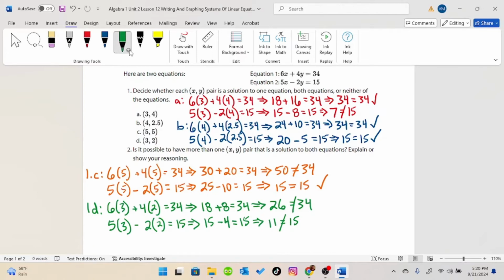The answer is only if the equations are equivalent.